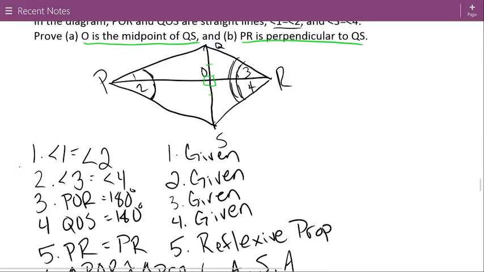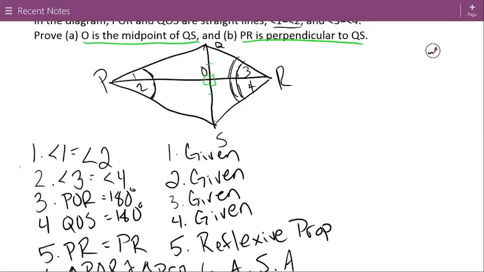Okay, now since we have these equivalent sides, since these big triangles are congruent, we can use that information with these smaller triangles. Okay, so if we break down our triangles into POQ and POS, again, we've got PO is shared with both of them.